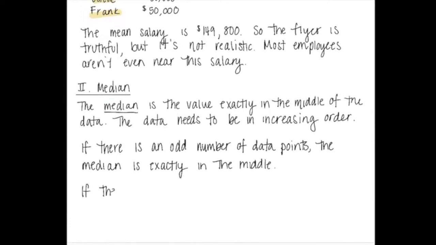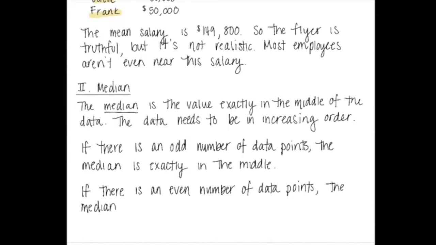So if there's an even number, the median is the mean of the middle two. So whatever two fall directly in the middle, you find the mean of those values. So add them together and divide it by 2.